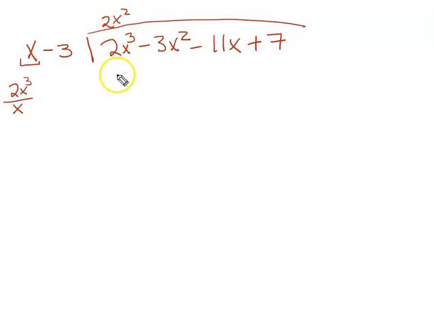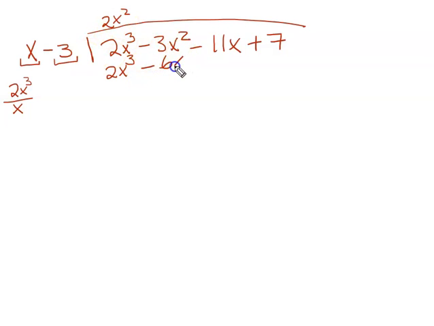Put that up there. Now you're going to multiply this x by this, and you should just get that, 2x cubed.